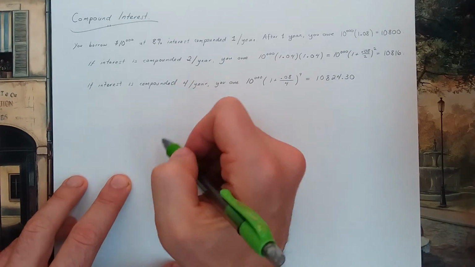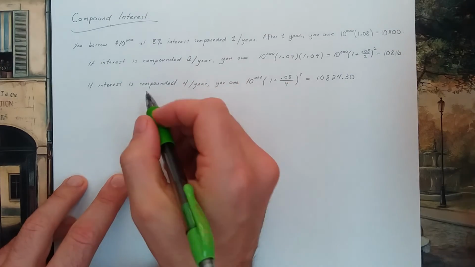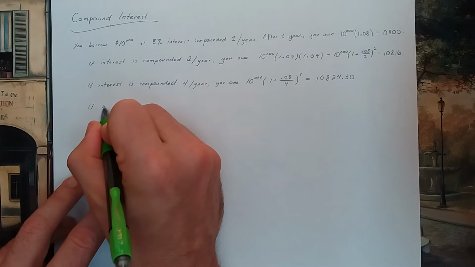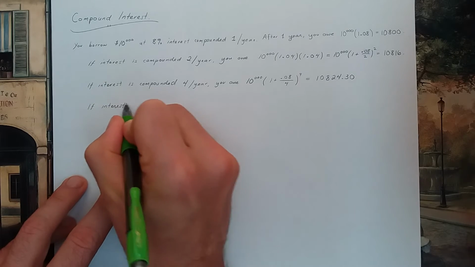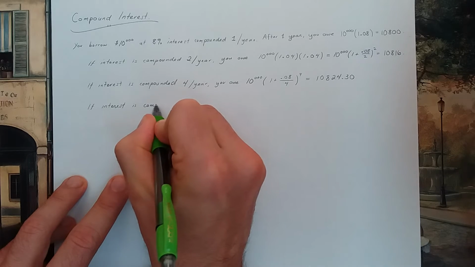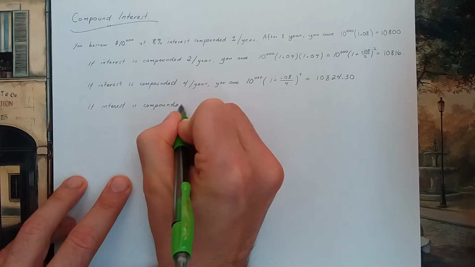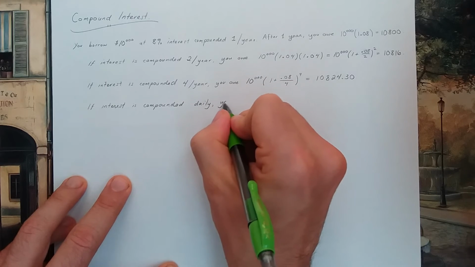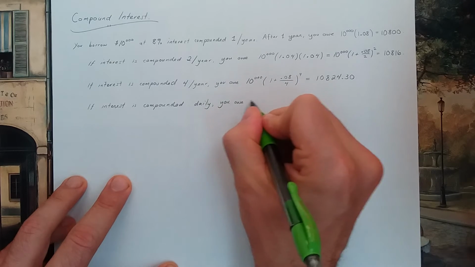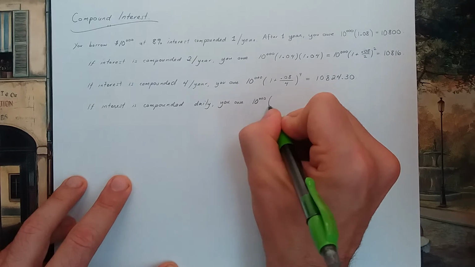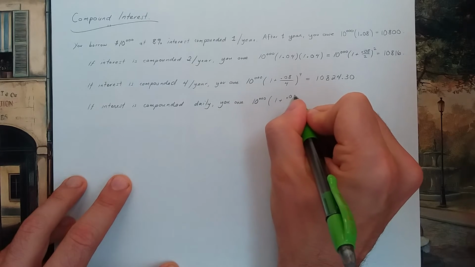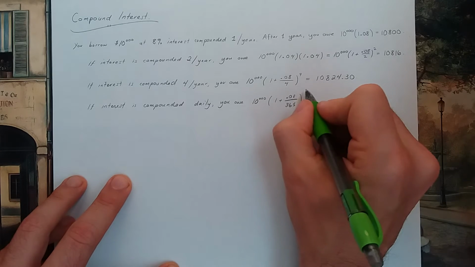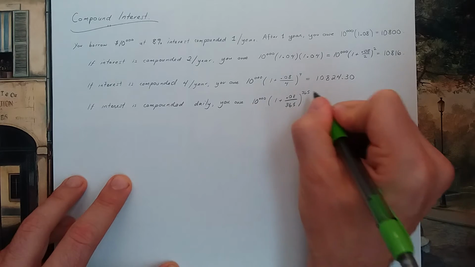You can compound interest even more times. So for example, if interest is compounded daily, you owe, at the end of 1 year, $10,000 times 1 plus 0.08 divided by 365 days of the year, to the 365 power.